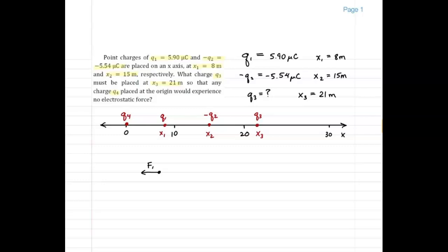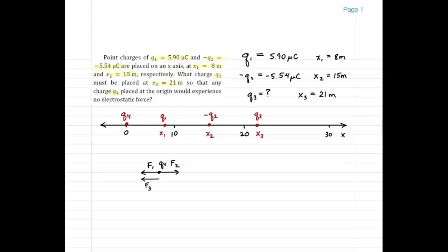And negative Q2, since Q2 is positive again, negative would be a negative charge, which would attract Q4, and so there would be a force from Q2 going to the right. Finally, Q3 is the same sign as Q4, so then it would feel a repulsive force, F3 going to the left.